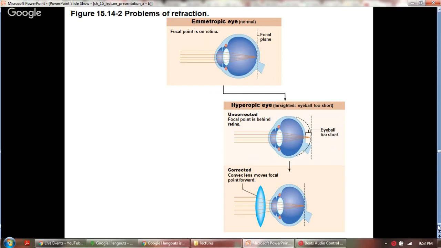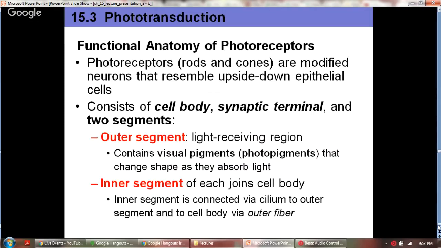The next important topic would be phototransduction, the functional anatomy of the photoreceptors. As we know, we have 2 types of photoreceptors, rods and cones. They are modified neurons which resemble upside down epithelial cells.